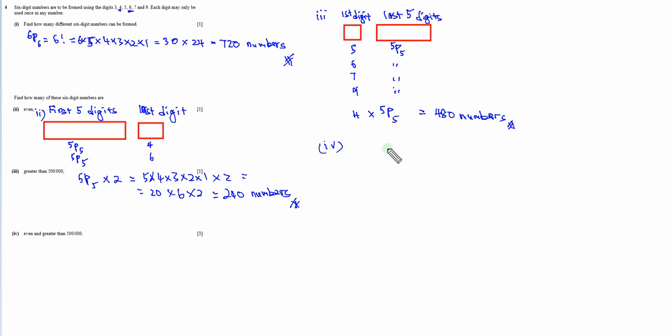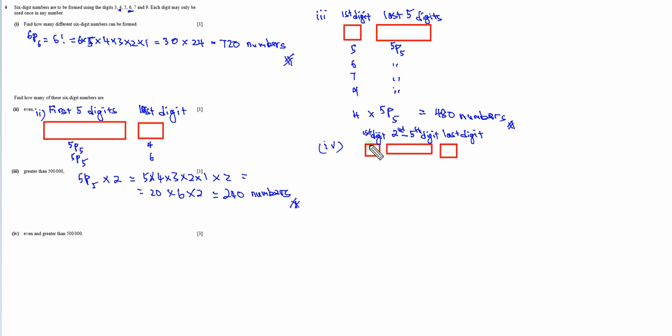Now in this case we have 3 blocks. This is the first digit, this is the last digit, this is the second to the 5th digit.